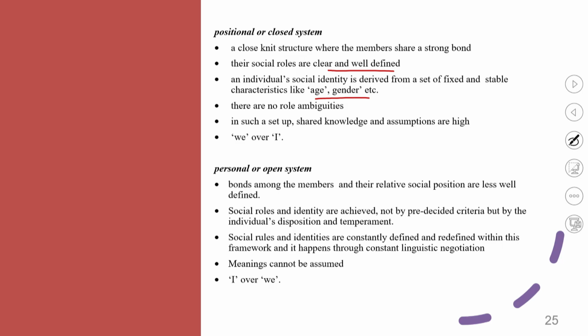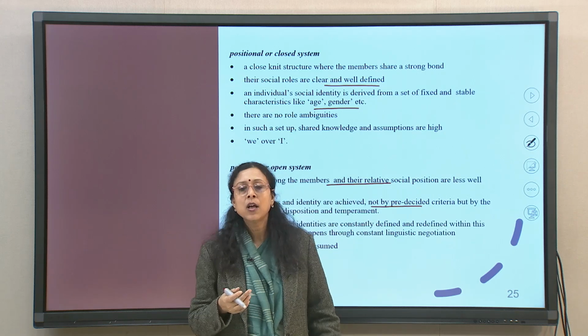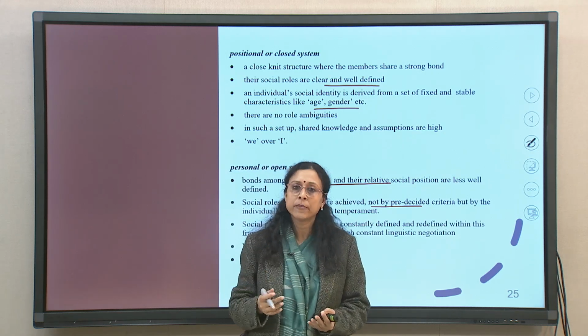On the other hand, in a personal or open system, the bonds among the members and the relative social position are less well defined. So, social roles and identity are achieved not by pre-decided criteria, but by the individual's disposition and temperament. Language plays an important role here. Imagine yourself in a formal setup.